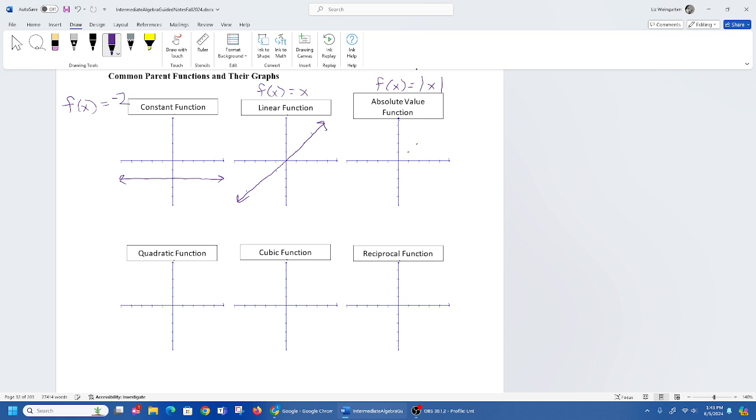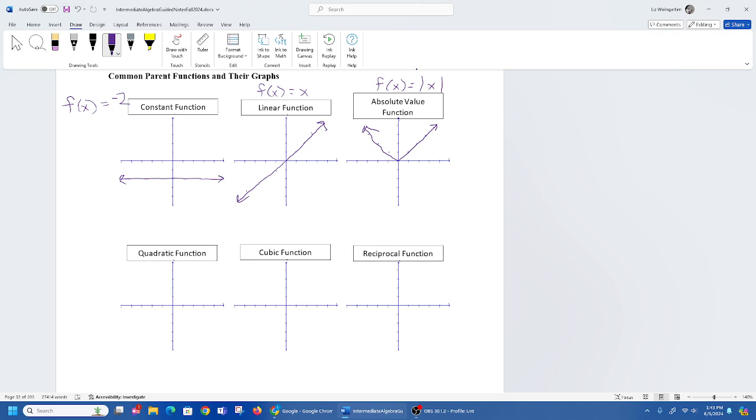The inputs and outputs are going to be the same on the positive side, but your outputs are always going to be positive. So we're going to end up with something that looks kind of like a V going on until infinity. And you can see my horrible drawing skills there. But yeah, it should be a straight V, none of these curly squigglies. I just am very bad at drawing.